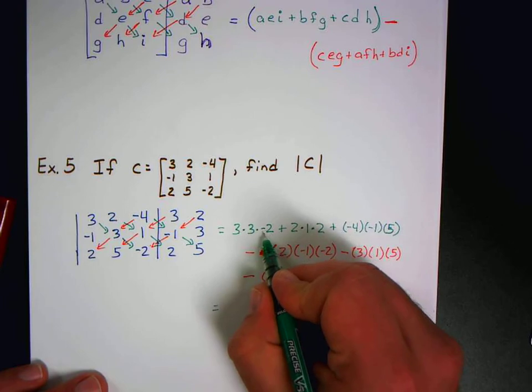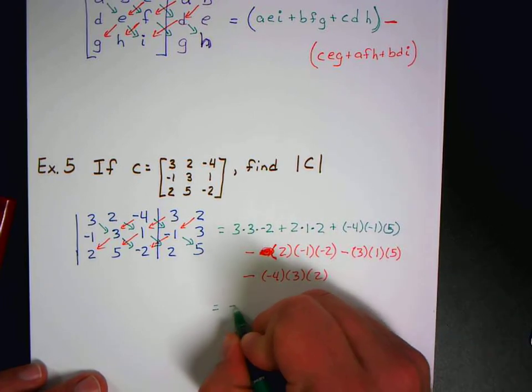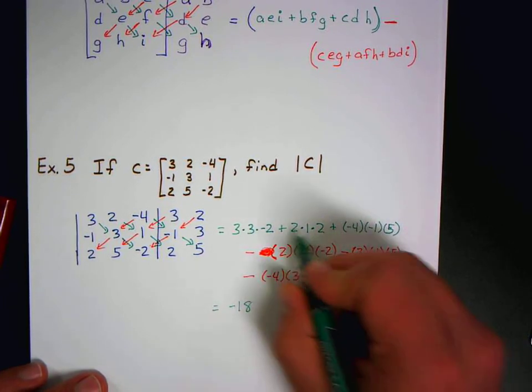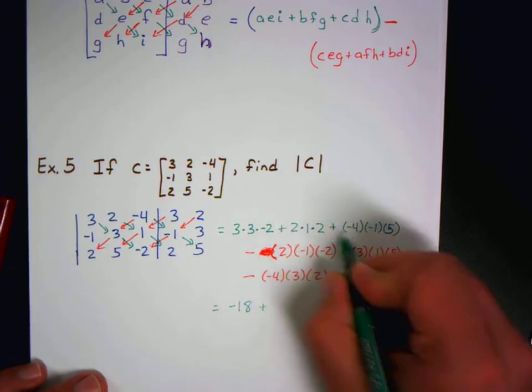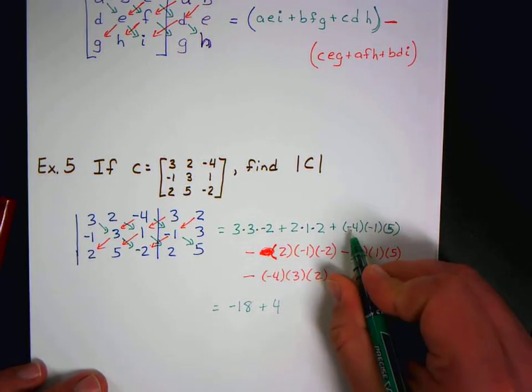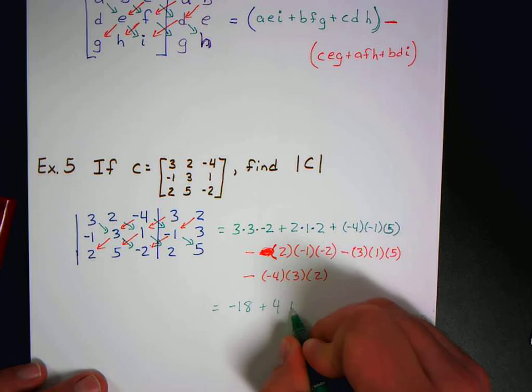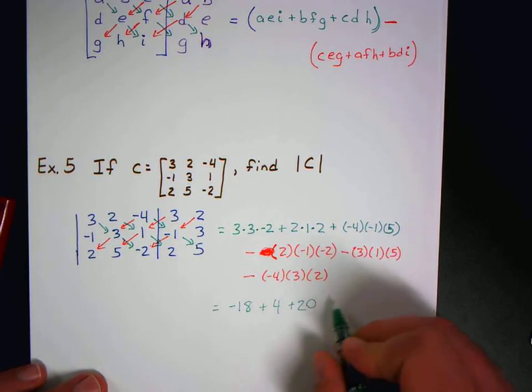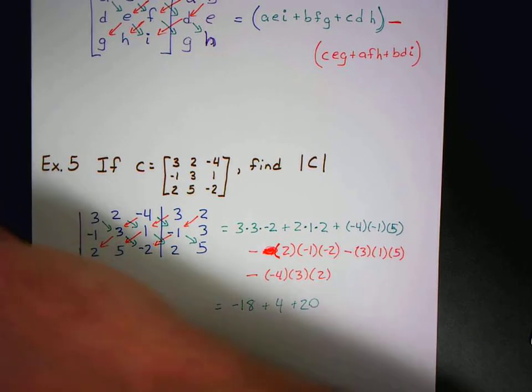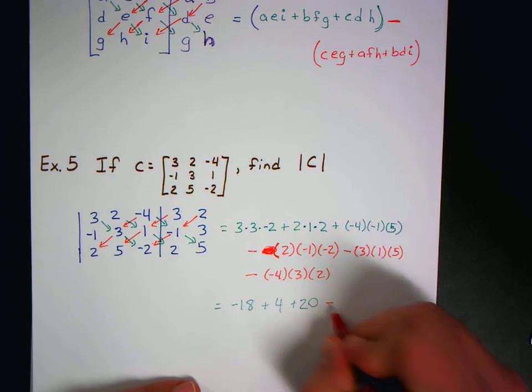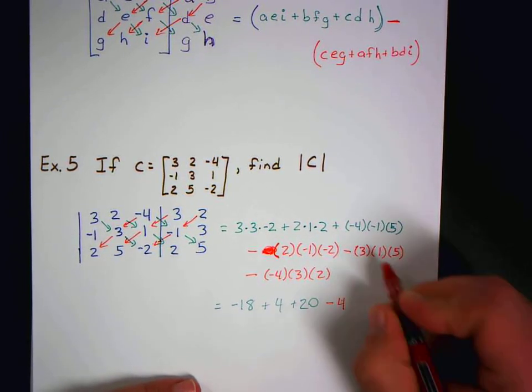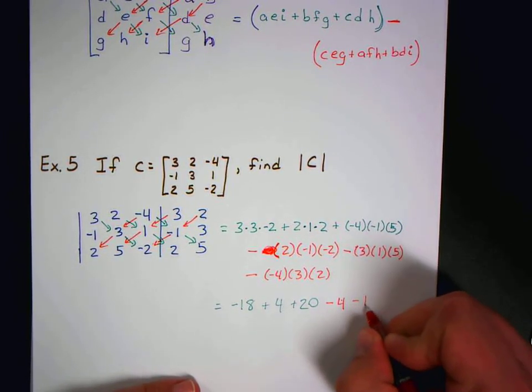So let's see, 9 times negative 2 is negative 18, plus 4, let's see, that's 20. Minus 4, minus 15.